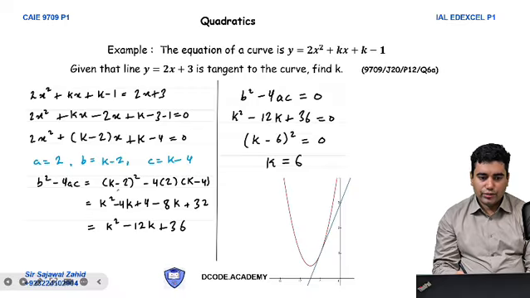From here you find the discriminant, b squared minus 4ac. This turns out to be a quadratic equation in terms of k. We set it equal to 0 because the curve is tangent to the line. So we have to solve for k, and it turns out there is just one value of k for which the discriminant is equal to 0.